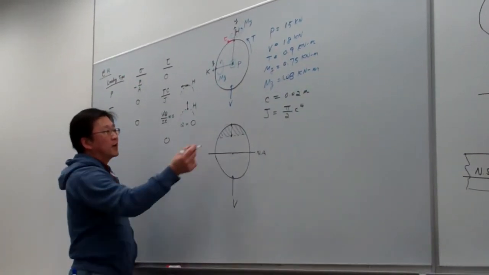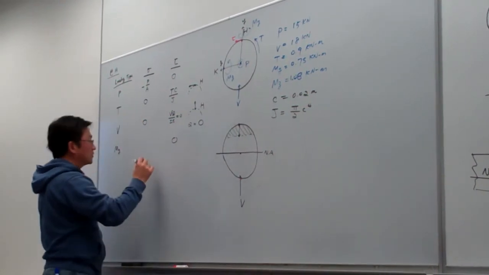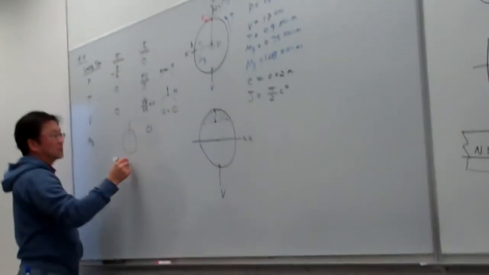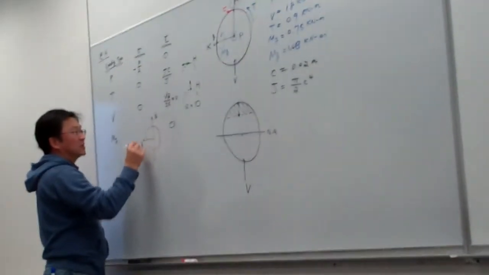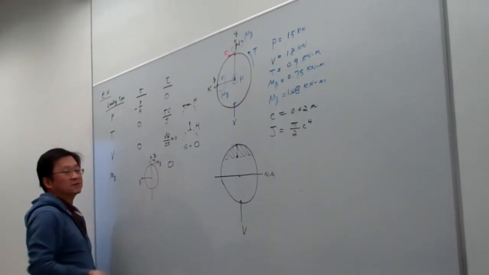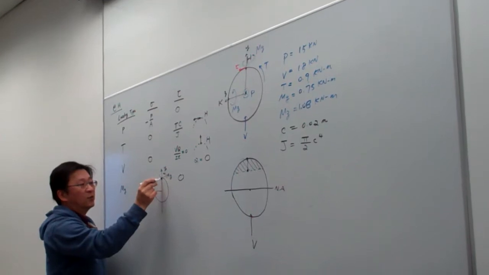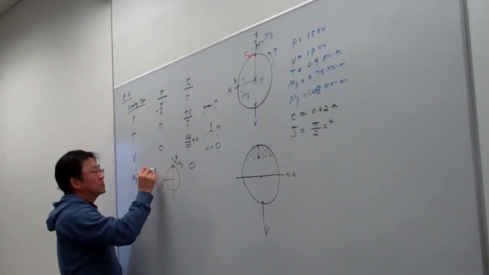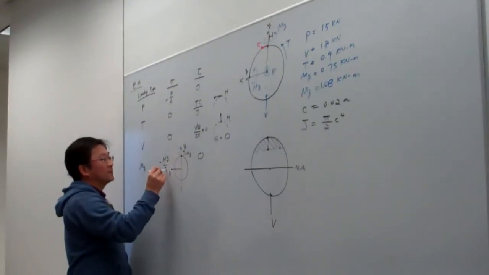So My right now is like this. Let me draw that one here. This is the cross section. This is our y-axis, this is our z-axis. My is acting like this. And here, this is a point we're interested in. So we know the formula is minus My over I, right?